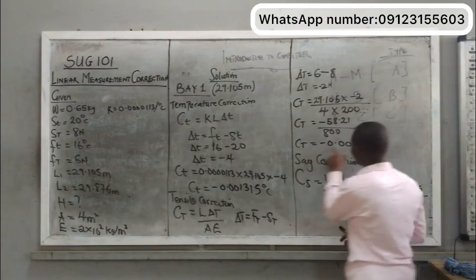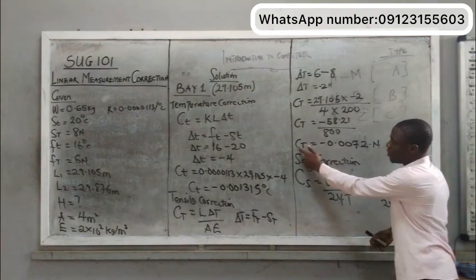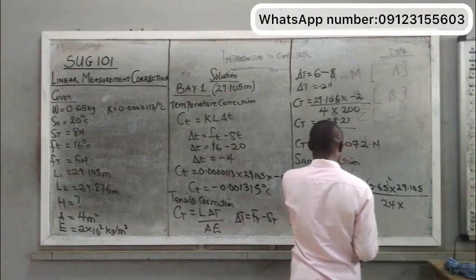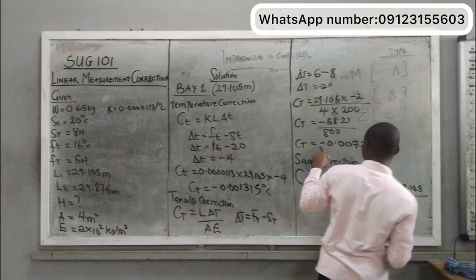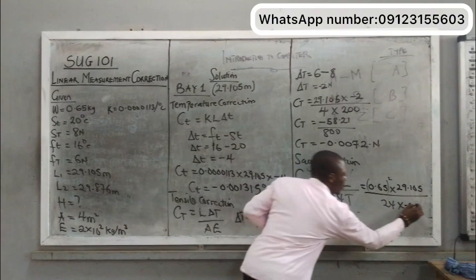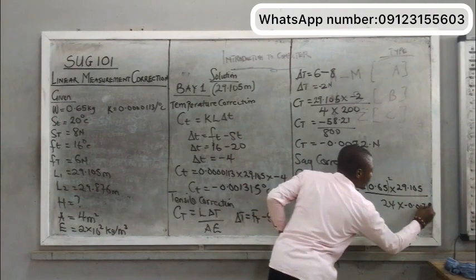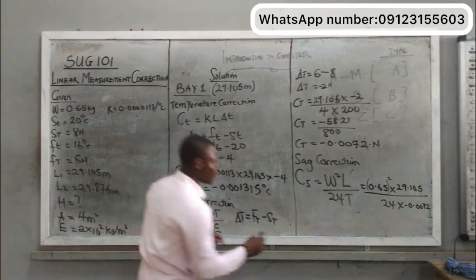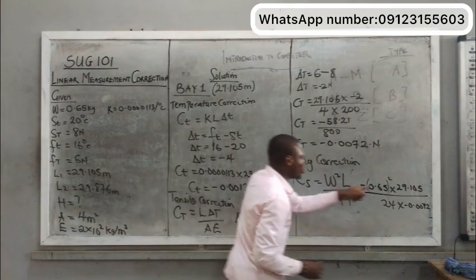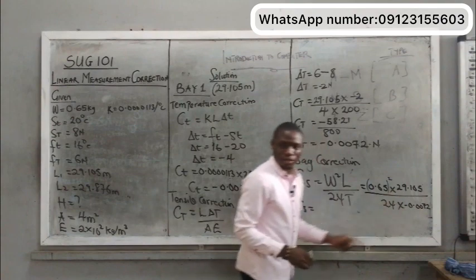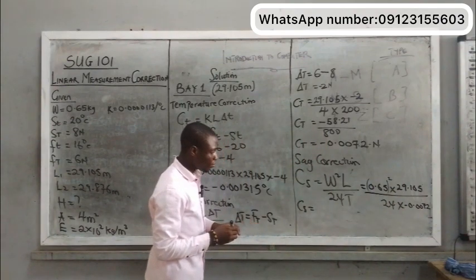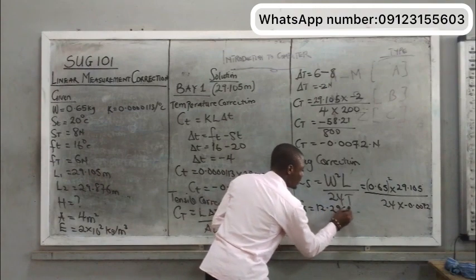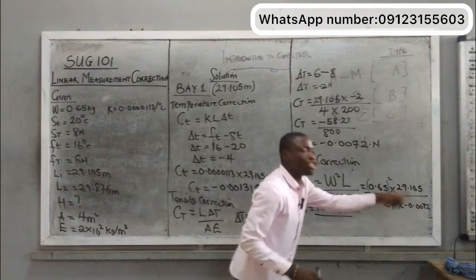Which is this? CT, that's a correction. So my tension side is this man. Putting that there, that was minus 0.072. Punch out the numerator: this square times this, it's 12.29.6. Over punch the denominator. Give me the value.